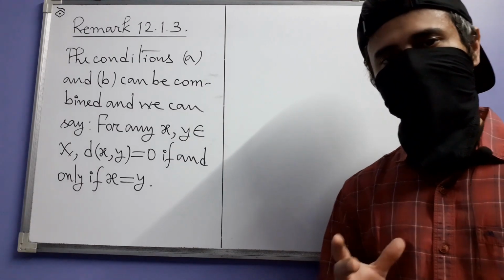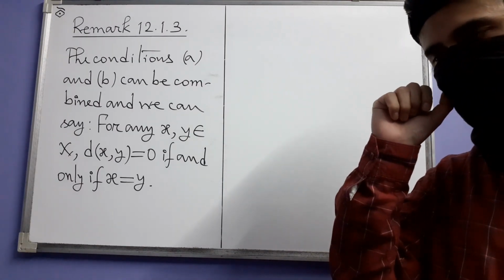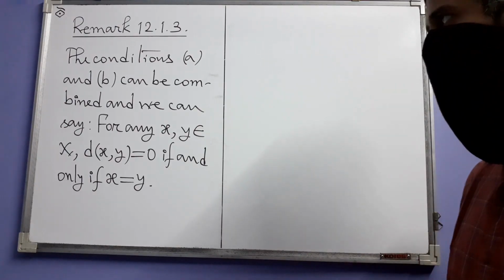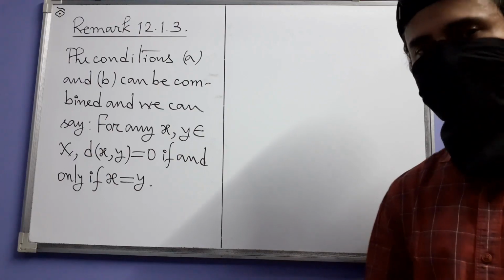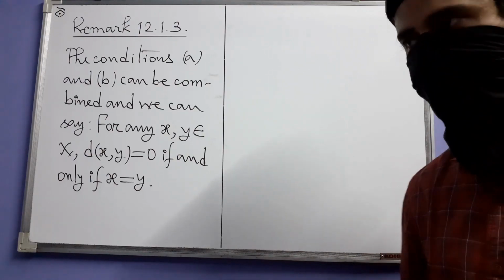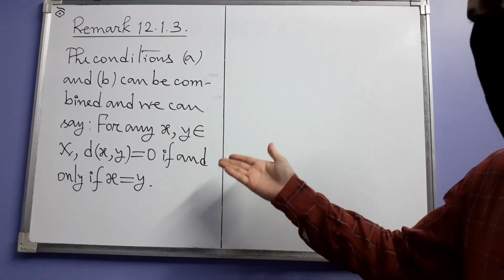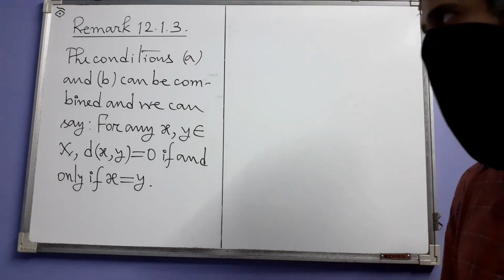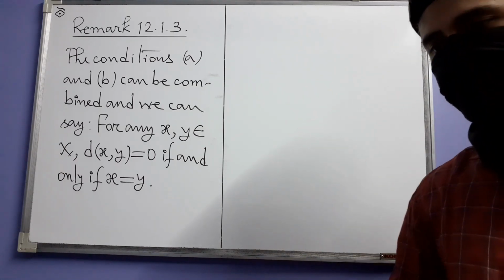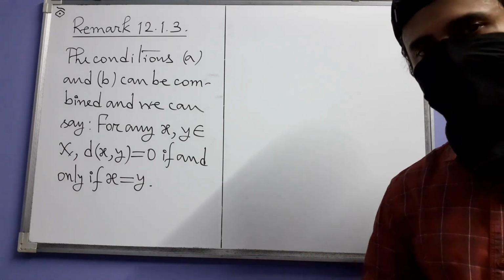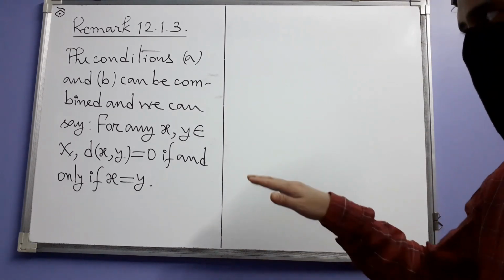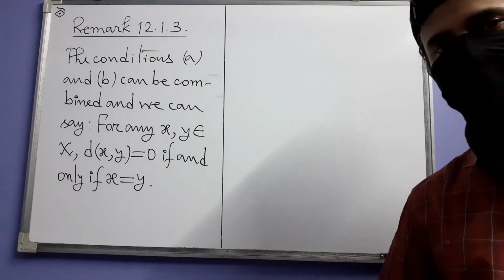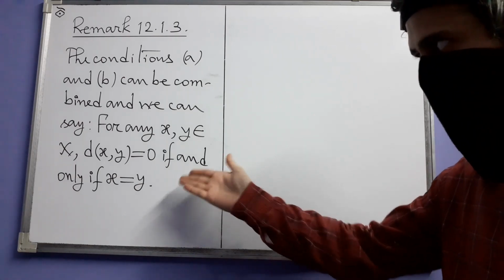The way this definition has been written, it's not exactly the only way. Elsewhere in other texts, you will see a slightly different way of writing that same definition, which you can see from this next remark. The conditions A and B, the first condition and positivity, these 2 conditions can be combined and we can give a single condition in place of them, which is this.